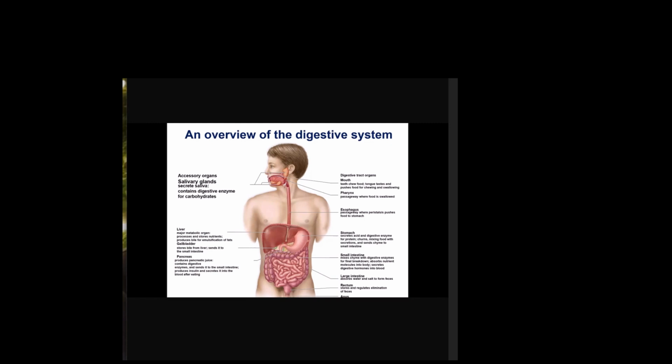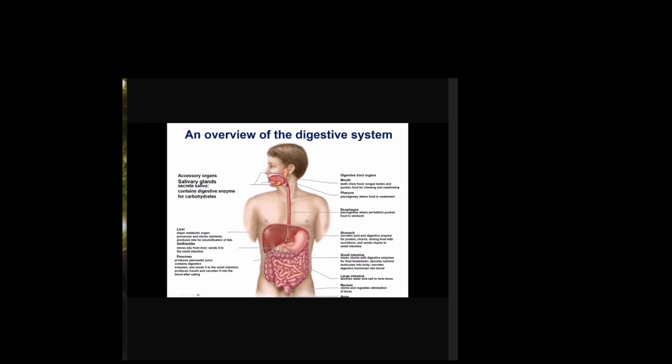I mentioned a couple of accessory organs here, the liver and the pancreas. The liver plays a major role because, first of all, it stores nutrients like glycogen. It also produces bile, which is required for the emulsification of fats, breaking down the fat we've eaten into smaller globules to increase the surface area for the reaction of lipase enzymes that will act on the fat.